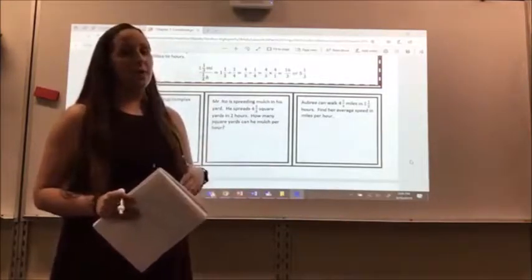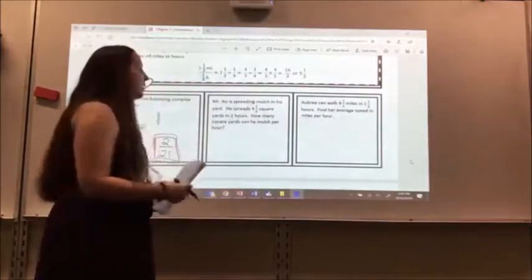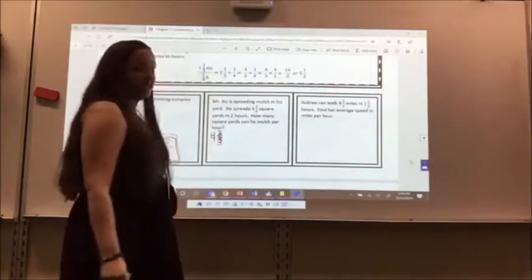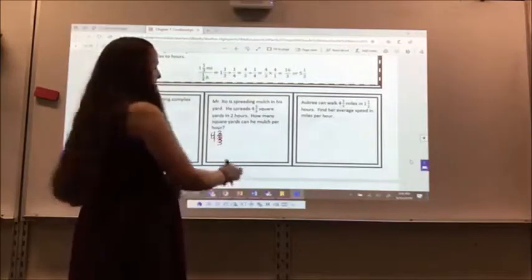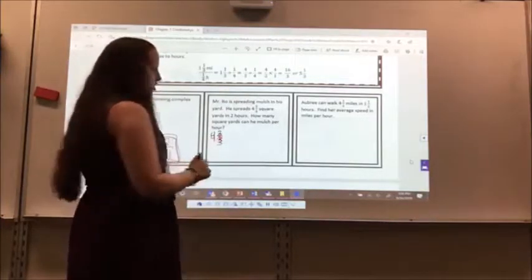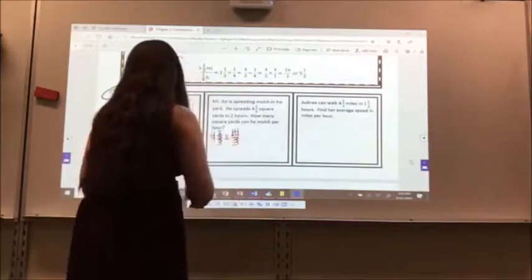So the first thing I want to do is change 4 2/3 from a mixed number to an improper fraction. So I'm going to take 3 times 4, which gives me 12, plus 2 gives me 14 over 3.